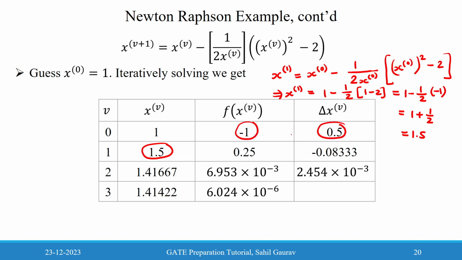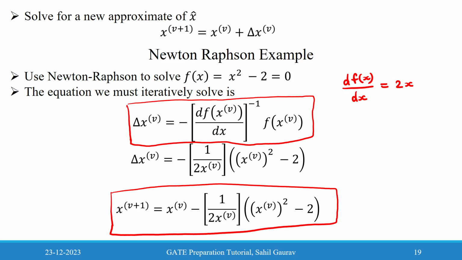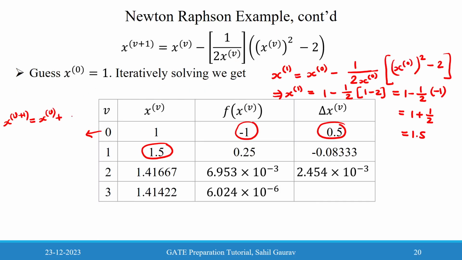In this way you can also calculate xv plus 1, delta xv. So xv plus 1 is 1.5, xv is 1 and delta xv is 0.5.